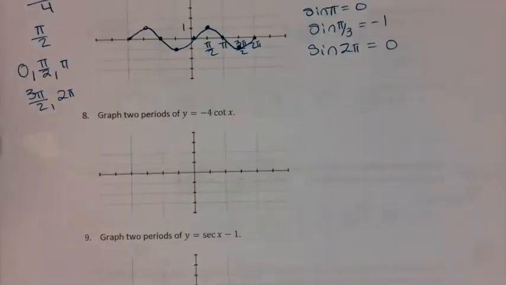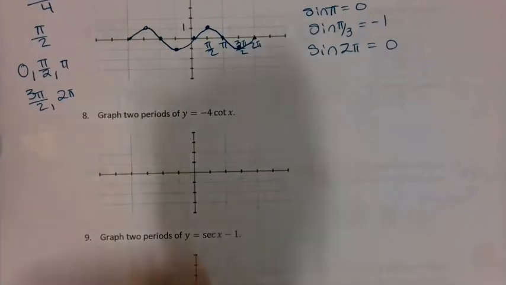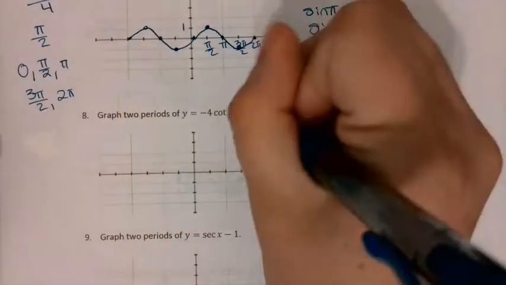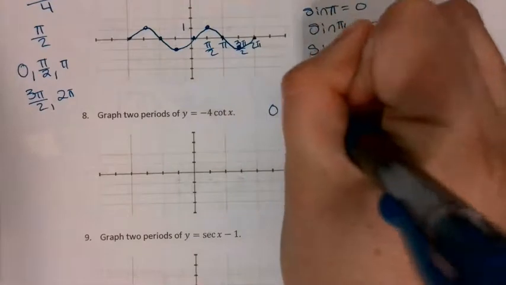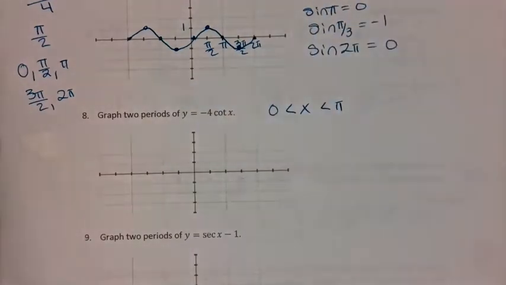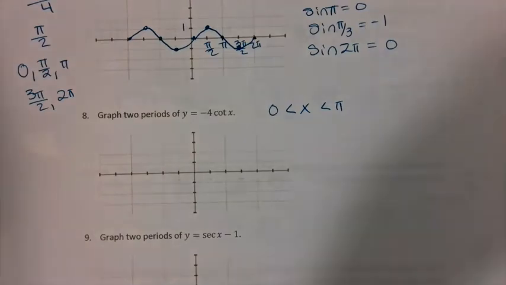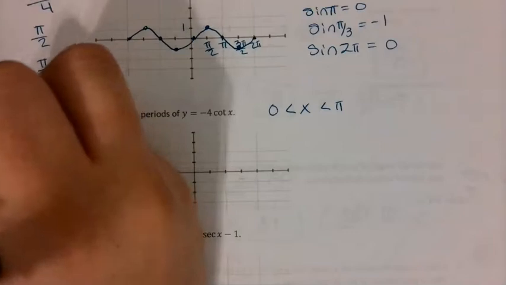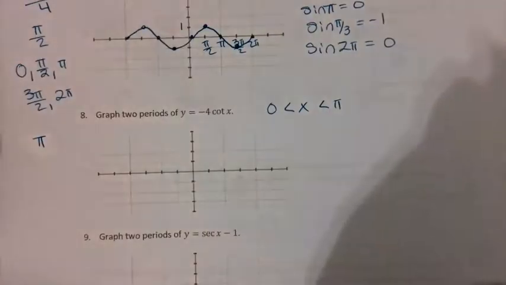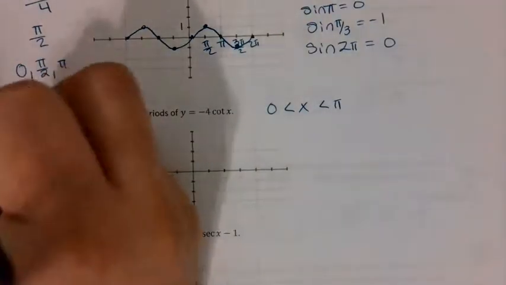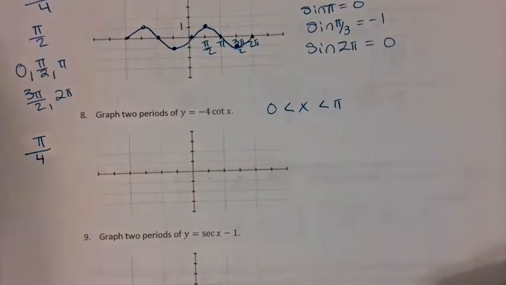Okay, so for cotangent, remember that this is between 0 and pi. Tangent is between -pi halves and pi halves. So for here, I have pi as my distance, and I want to divide by 4. Pi fourths are what I'm counting by.